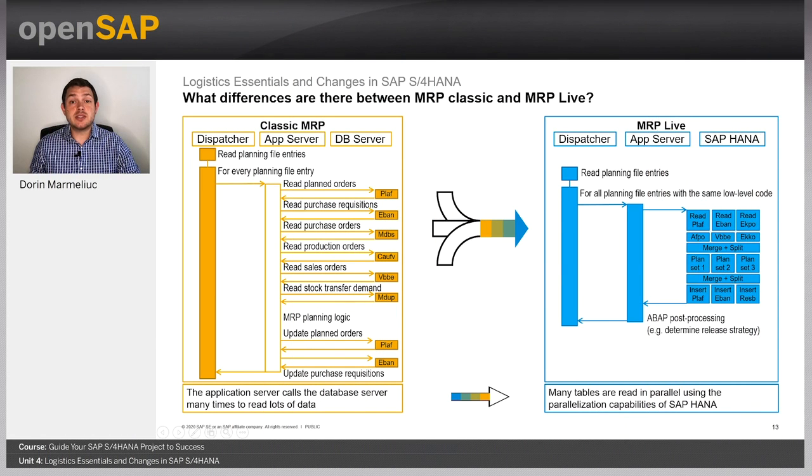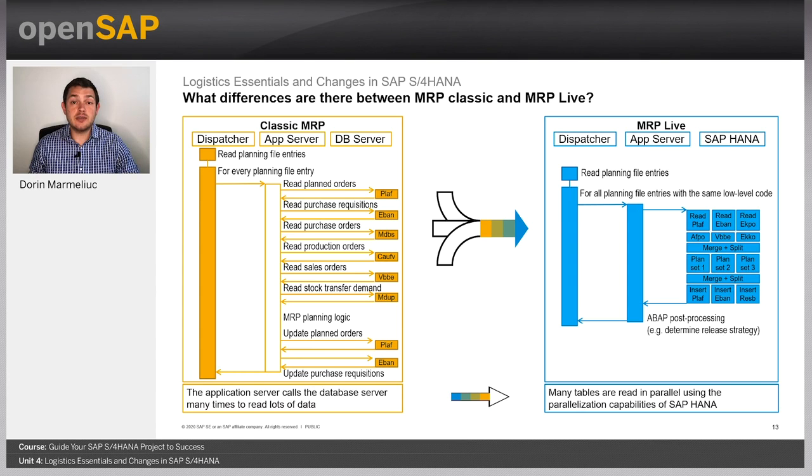Our fifth question is, what differences are there between MRP Classic and MRP Live? In classical MRP, the application server calls the database server many times to read a lot of data. This data is then transferred from the database server to the application server. All tables are read sequentially one after another.